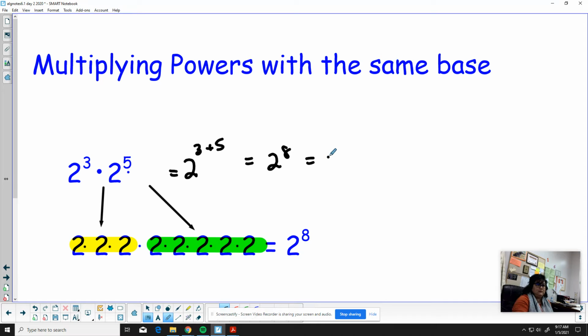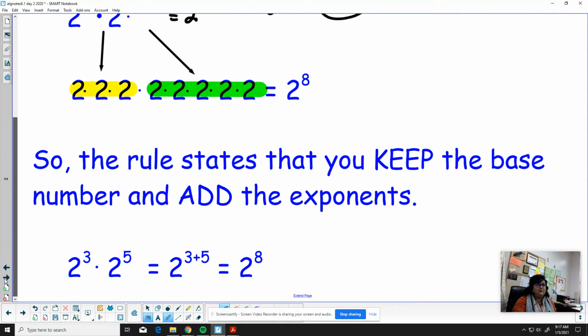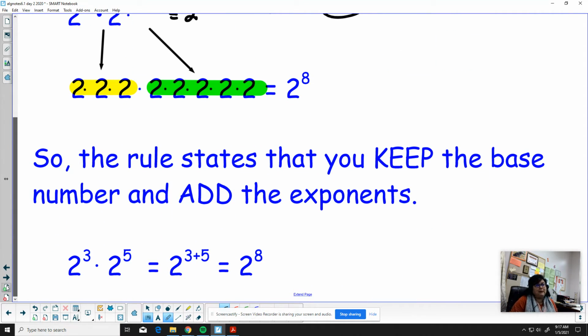If it's a number that can be evaluated, I do go ahead and evaluate it. If it's a variable, that would be simplified; there's nothing I can do with that other than leave it that way. The rule says you keep the base number the same and you add the exponent. If you want to press pause and copy the rule down, that's probably a good idea.